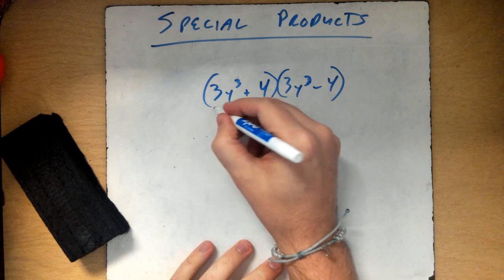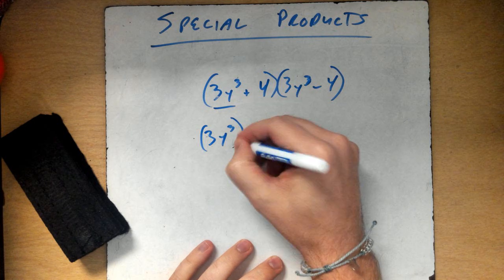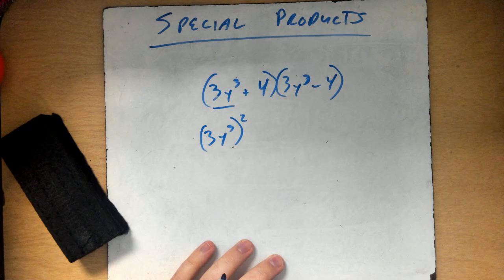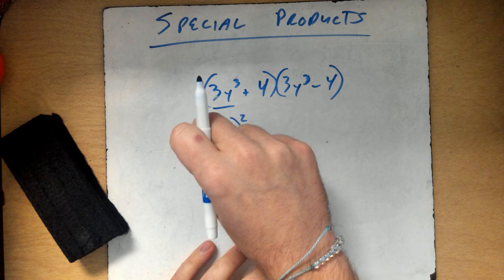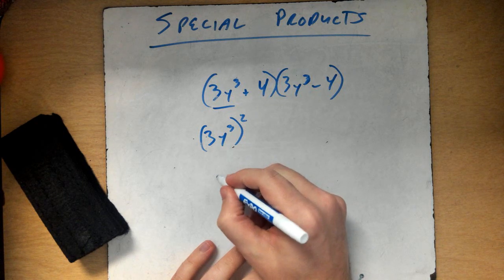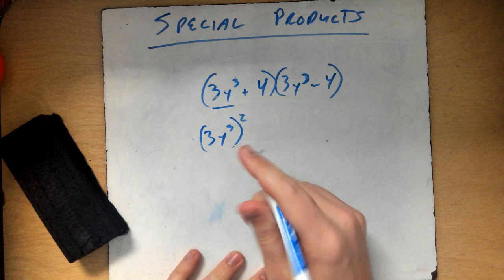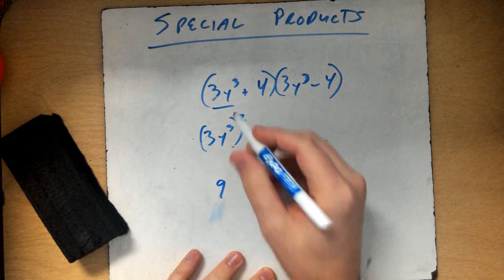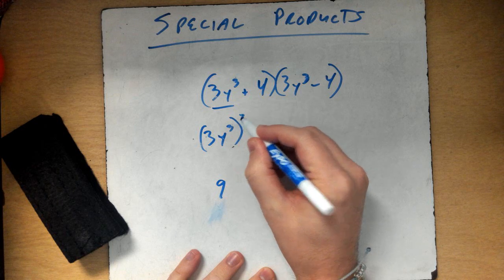So, first term, 3y³. We're going to square it. Now remember how to square this. Your whole number is going to be squared, so 3 squared is 9. And when you have a letter with an exponent to an exponent, they get multiplied.